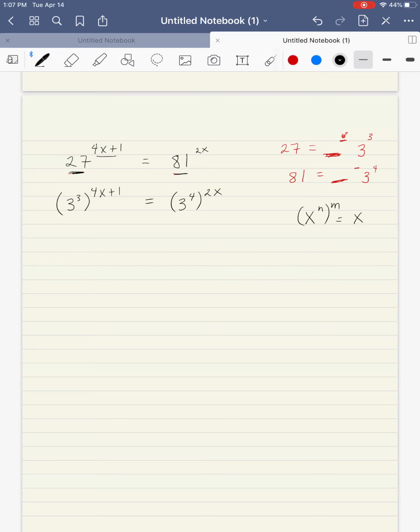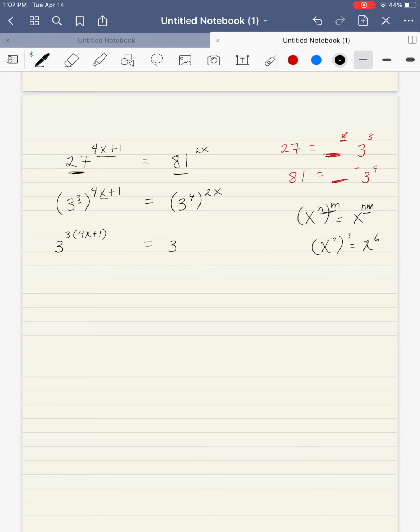And remember, if you take an exponent of an exponent, you multiply the exponents. For instance, x squared cubed is x to the 6th power. So you multiply the two exponents. So over here we have 3, and then we're going to take this exponent times this exponent.